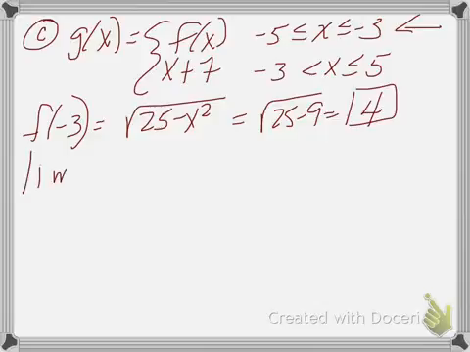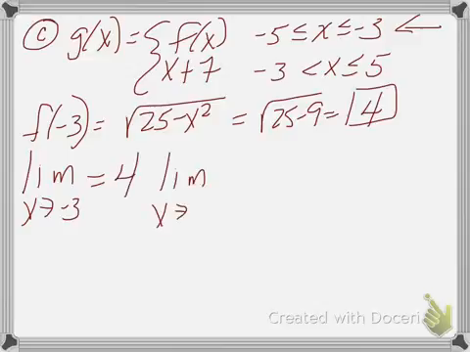Then we have to do the limit as x approaches -3 from the left side, which is also the first function, so it's going to be the same thing. We know that's going to equal 4. Then we have to do the limit as x approaches -3 from the right side, and wait, did I draw my picture wrong?